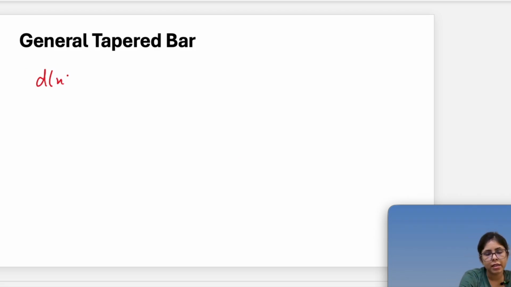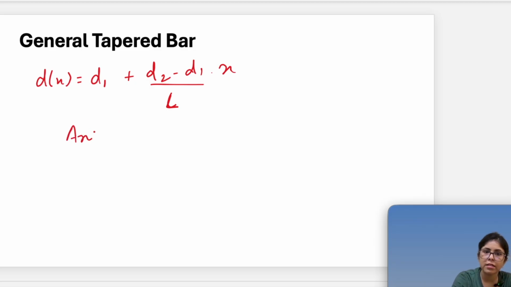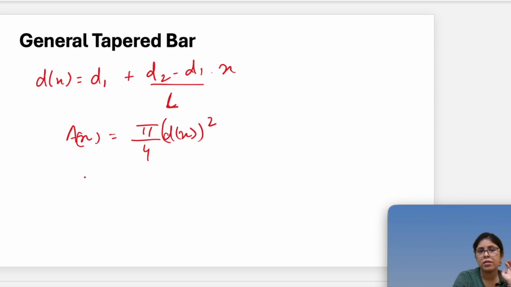In that, dx is nothing but d1 plus (d2 minus d1) upon L into x, right? This is your general taper, and its cross sectional area is ax. So ax is nothing but pi by 4 dx square, right? And then you have to substitute in this equation, and you can calculate the general taper.